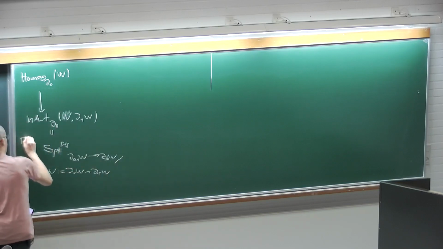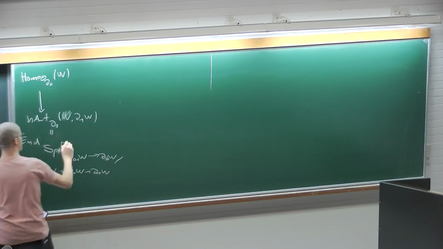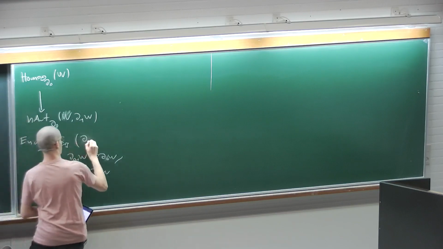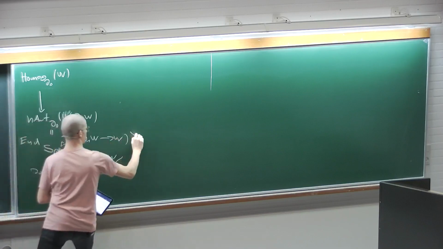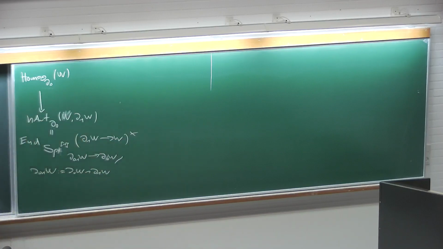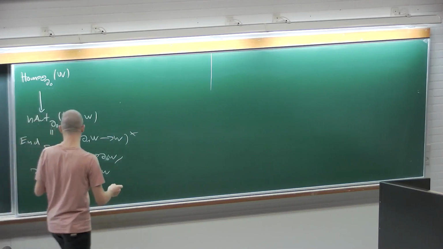And then I take endomorphisms in that category of the inclusion of the moving part of the boundary into the whole manifold and invertible components. This is the official definition, but you should think of it really as homotopy automorphisms of W that fix partial 0 pointwise and partial 1 setwise.